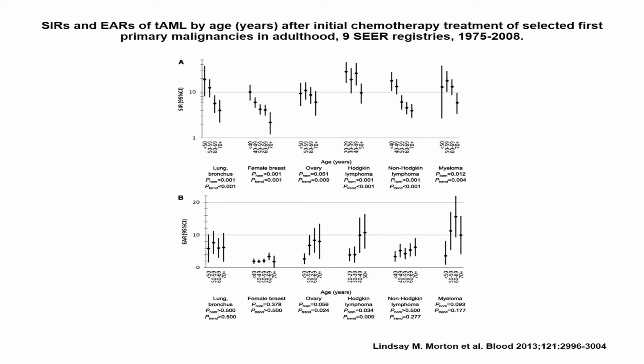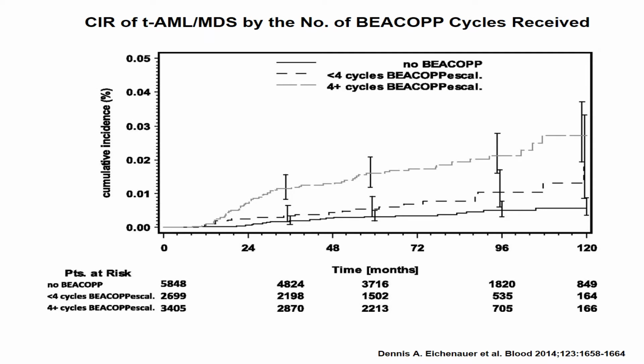In the same study, they looked at this by age of the patients. And again, that's another important factor in terms of length of exposure, because obviously if you have older patients, they have a shorter time period that can be exposed to develop the therapy-related myeloid neoplasms.